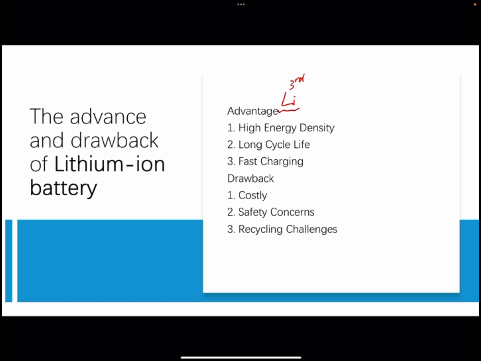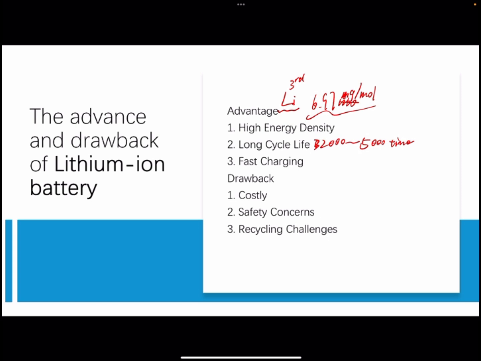It's only 6.97 grams per mole. It's very lightweight compared to lead, so it can contain much more electron than lead, and it also has a long life cycle from about 2,000 to 5,000 times.